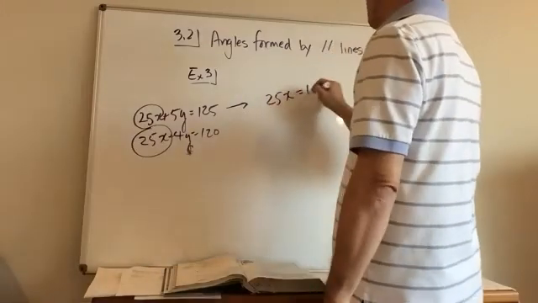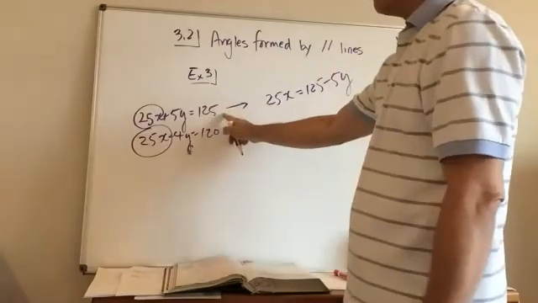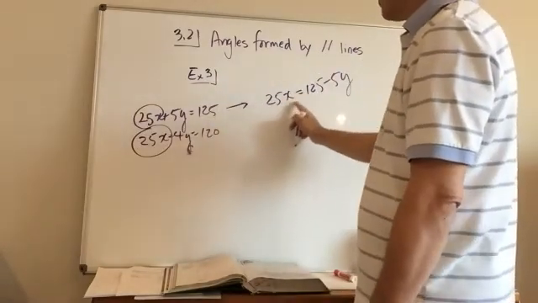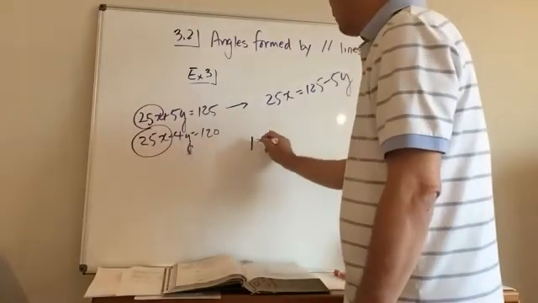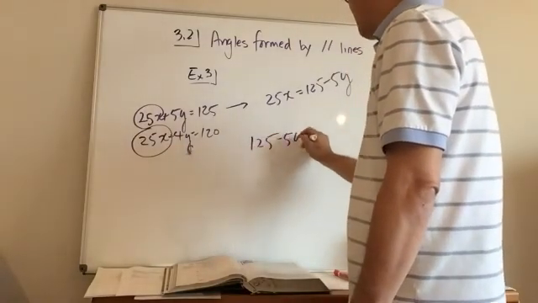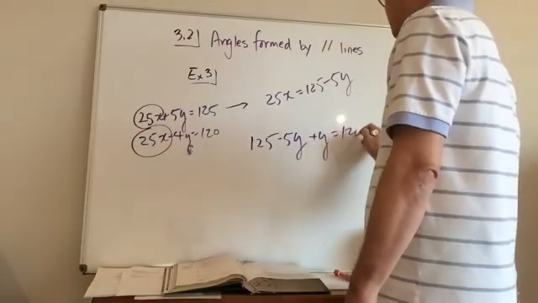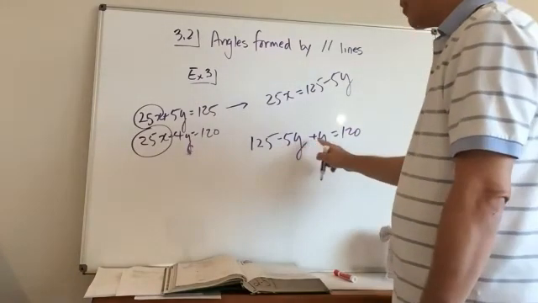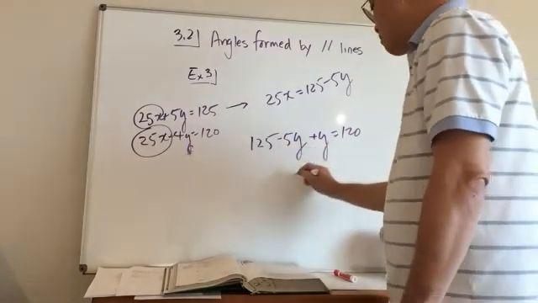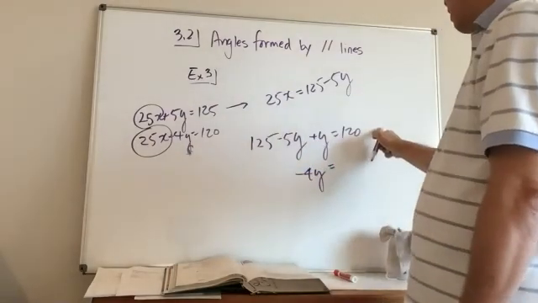So 25x is 125 minus 5y, if I move the 5y over. Then I would substitute the 25x into here. So I'm going to get 125 minus 5y plus y is equal to 120. Minus 5y plus y is going to be minus 4y.